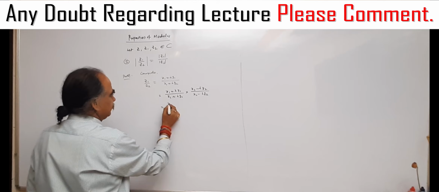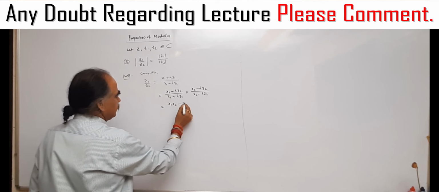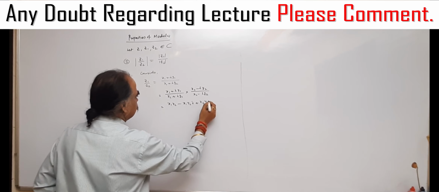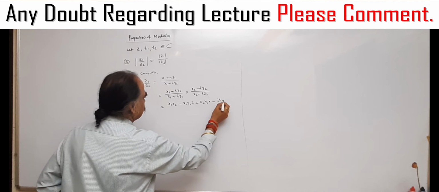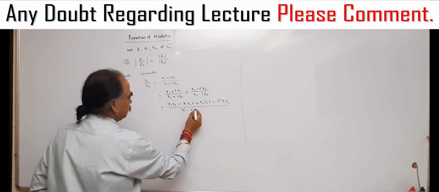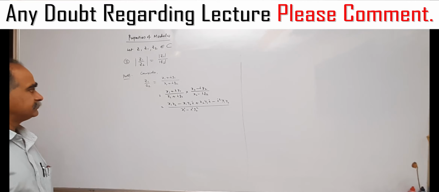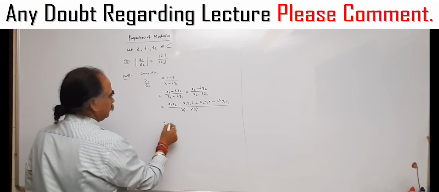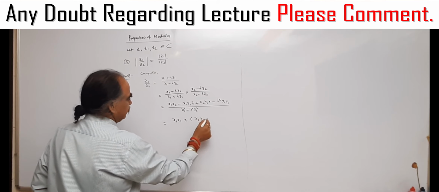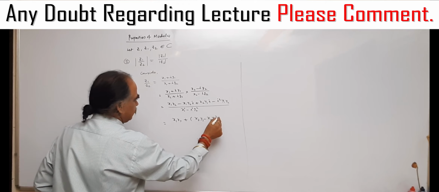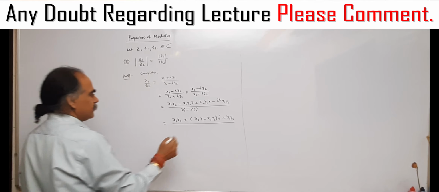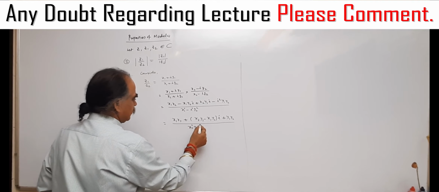Multiply numerator with numerator, so we'll get x1 x2 minus x1 y2 i plus x2 y1 i minus i square y1 y2, upon x2 square minus i square y2 square, which is equal to x1 x2 plus y1 y2 plus x2 y1 minus x1 y2 i, divided by x2 square plus y2 square.